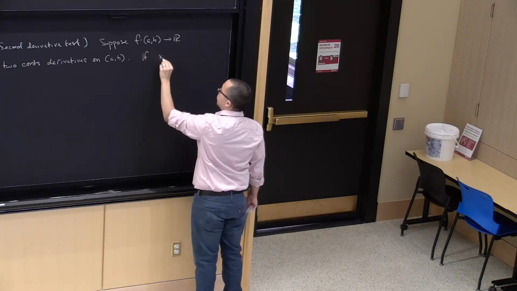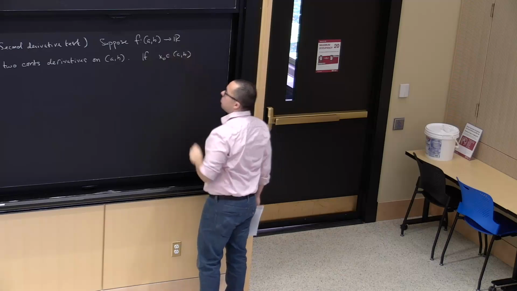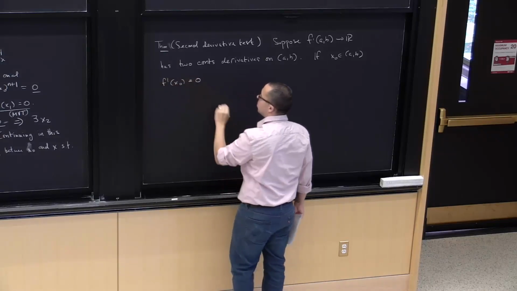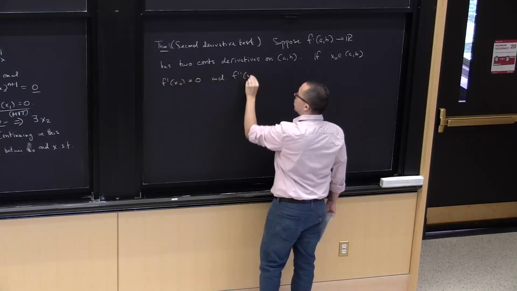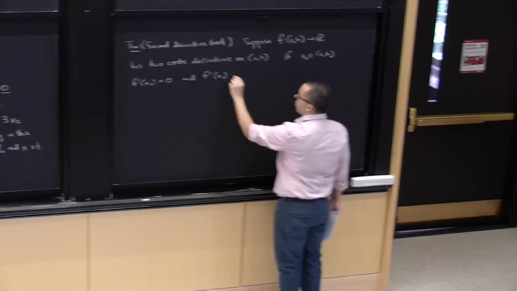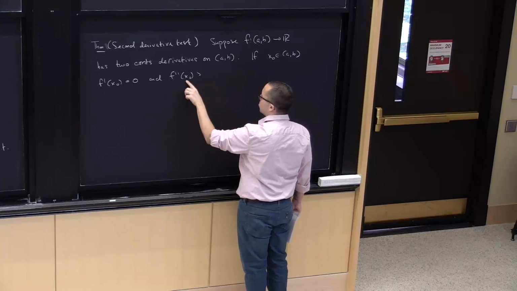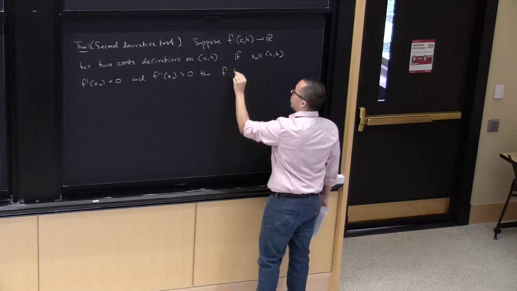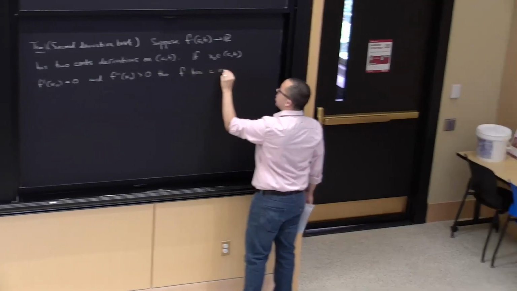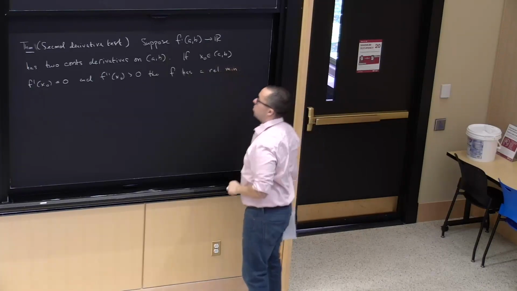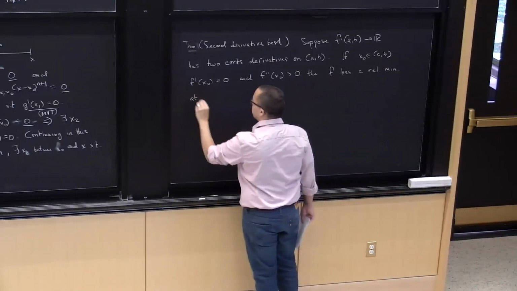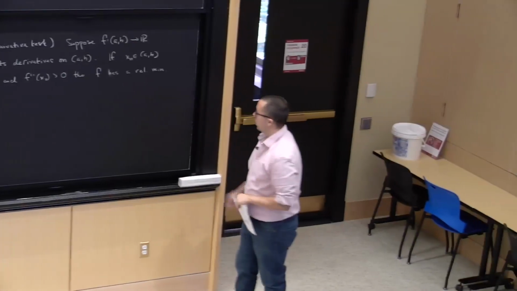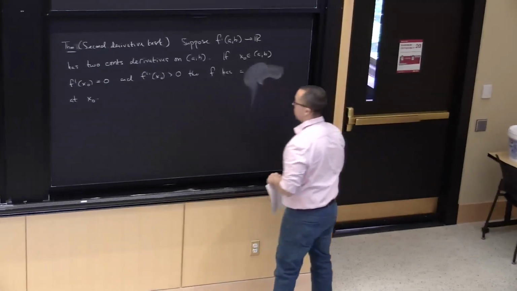If at a point in AB the derivative equals 0 and the second derivative of f evaluated at x sub 0 is positive, then f has a relative min at x0. Okay? And I should say that this is a strict relative min.